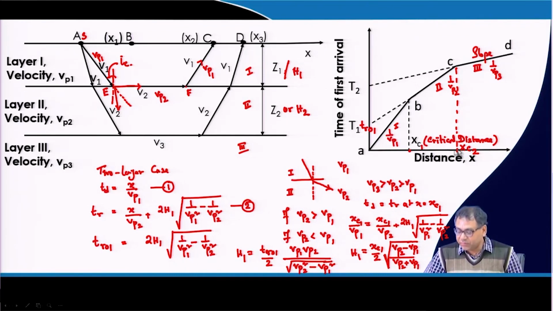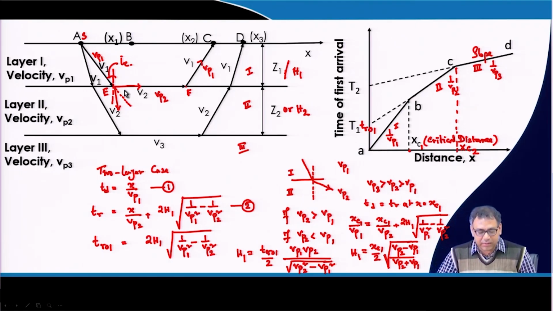If I put the geophone between xc1 and xc2, the refracted rays passing through the interface of the first and second layer will reach first, and if I put a geophone beyond xc2, then the refracted rays passing through the interface between the second and third layer will reach first. And this is the expression, and these are the two methodologies by which we can determine the thickness of the first layer.